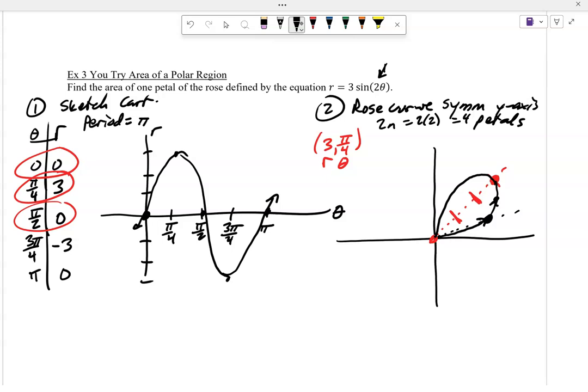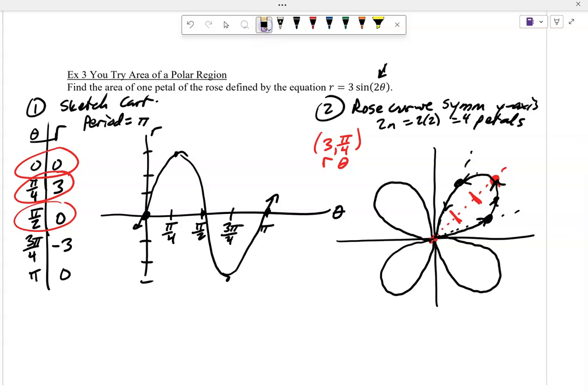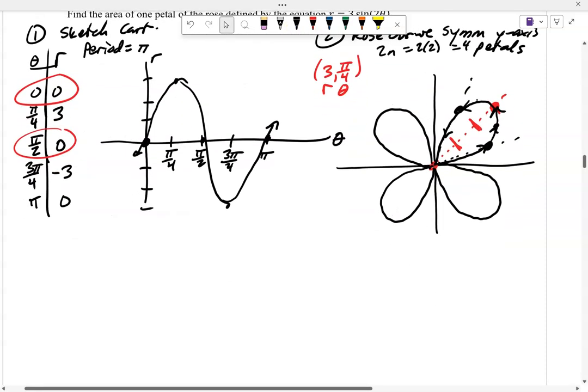There's your one petal. You can keep tracing it out, and you'll see all 4 petals. Very tedious, obviously, doing this by hand. But we're going to use those 2 points from theta being 0 to theta being pi halves. That'll give us the area of one petal.